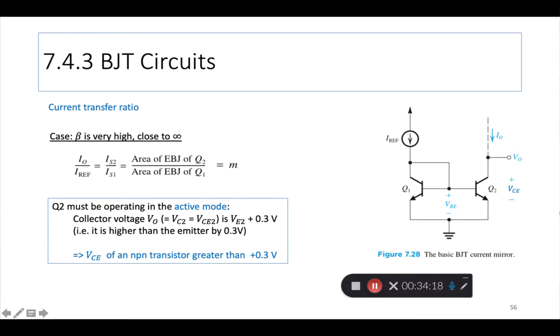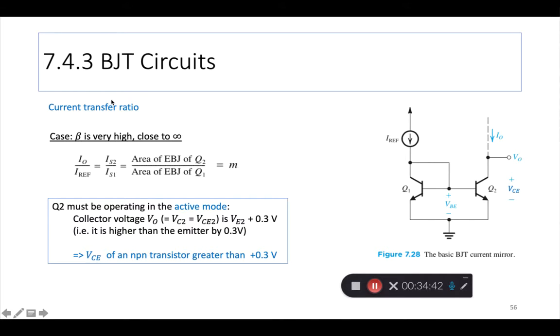So base is not open, so there is a little bit of base current. But the way in ICs the analysis proceeds, you can first assume that beta is very high, right? If you assume beta is infinity, then it's almost like saying that my BJT is like a MOS device. There is no base current.